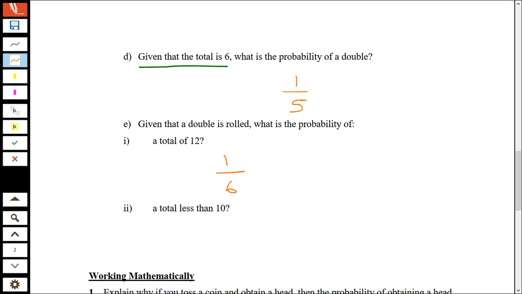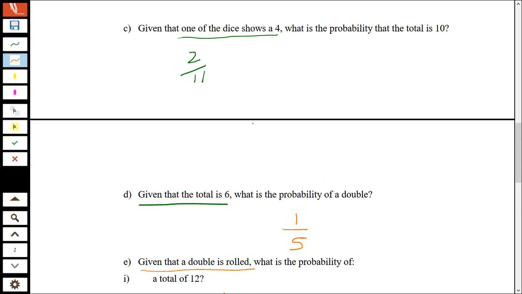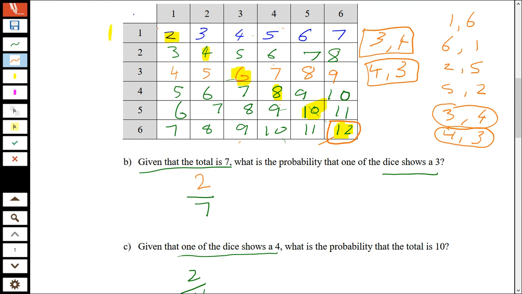Okay, what about a total less than 10? Given that a double is rolled. So let's go back to our doubles and see how many are less than 10. Okay, so, well, what have we got? We've got this one. That's less than 10. That's less than 10.